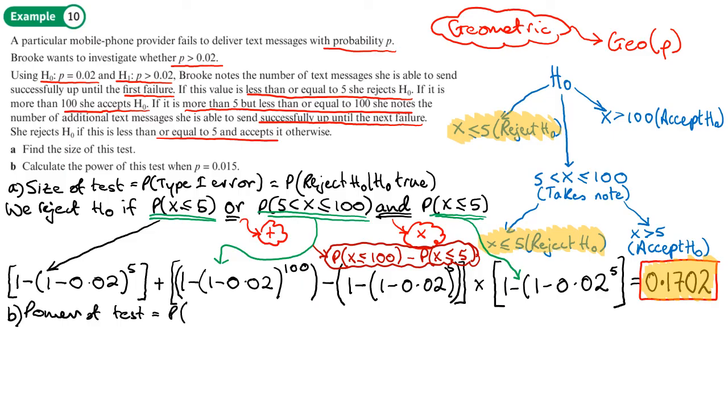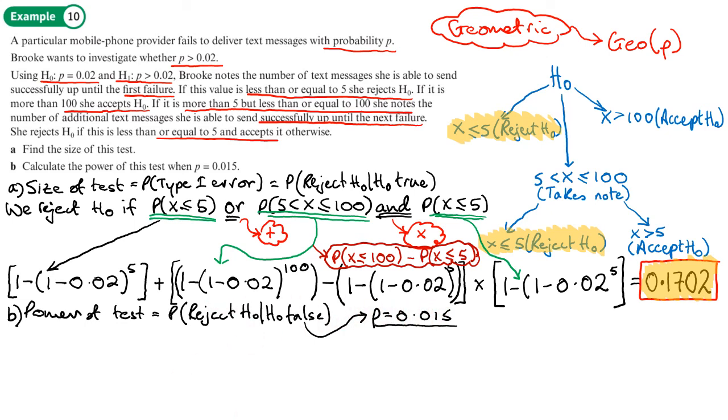So it's the probability of when we reject H0, given that H0 is false. In this case, the reason it's false is because the probability is actually 0.015. So all we need to do is change the probabilities here to 0.015. We can use exactly the same working. All that's changed is the probability.